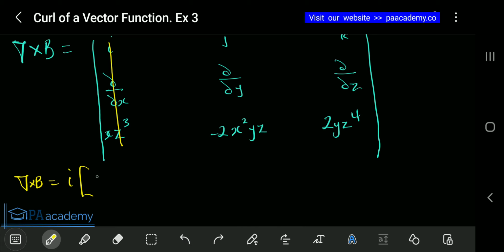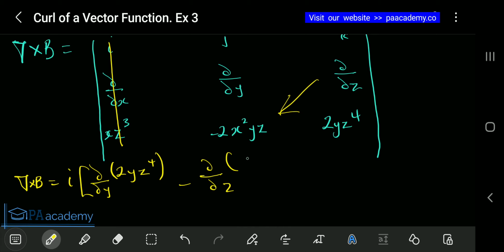So we'll have the partial differential over y multiplied by 2yz raised to power 4, minus the partial differential over z multiplied by minus 2x squared yz. So that is for i.